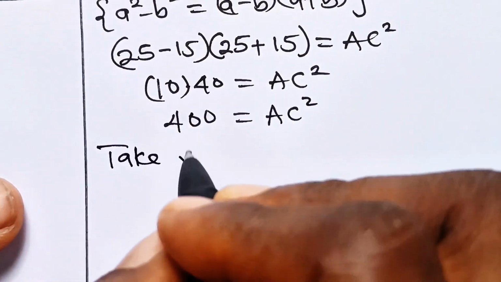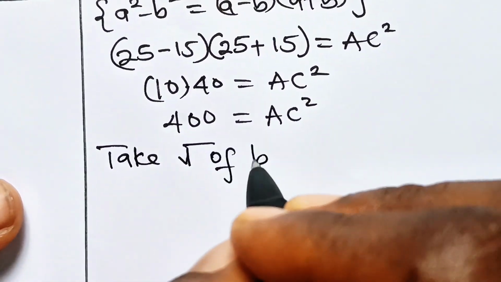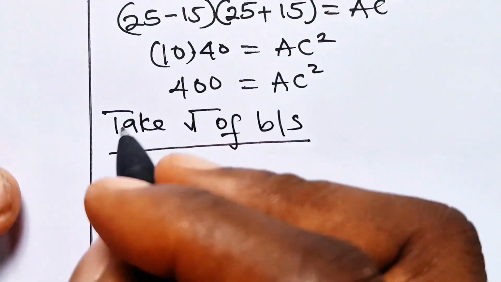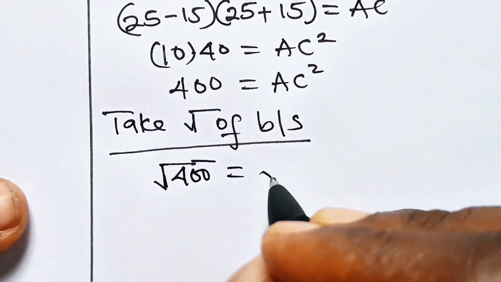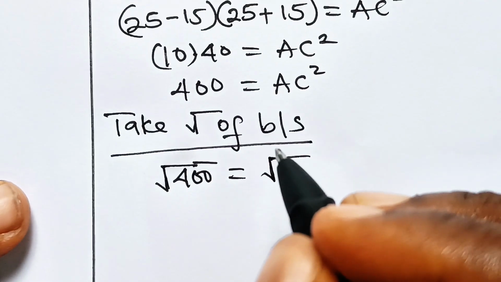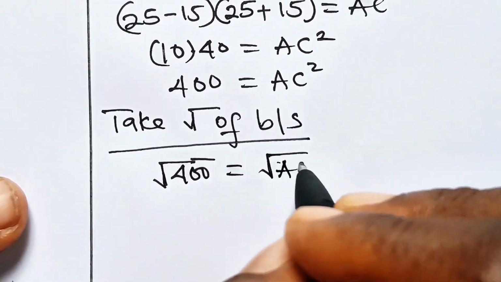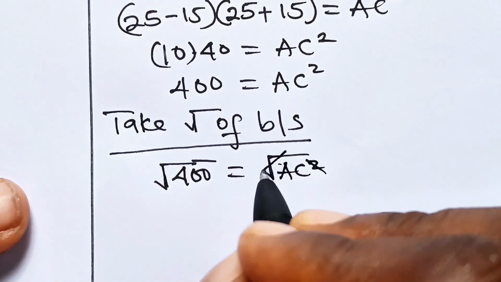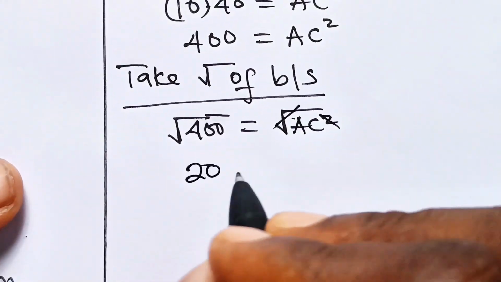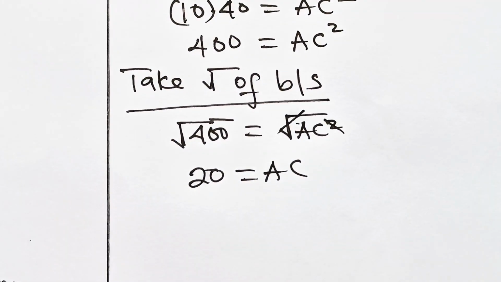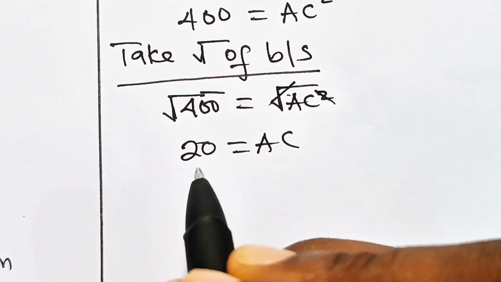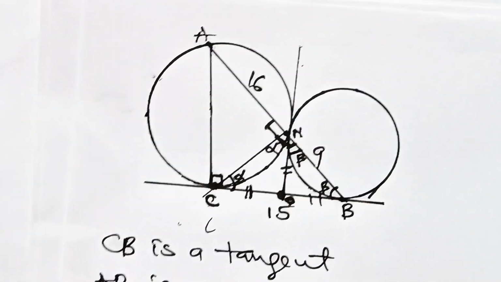Take the square root of both sides, and we have the square root of 400 is equal to the square root of AC squared. So this will remove this, and we have 20 is equal to AC.